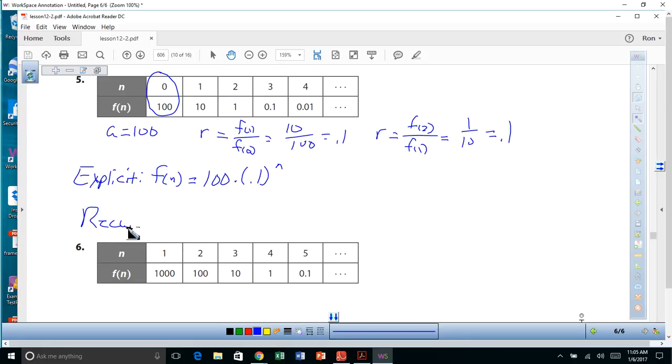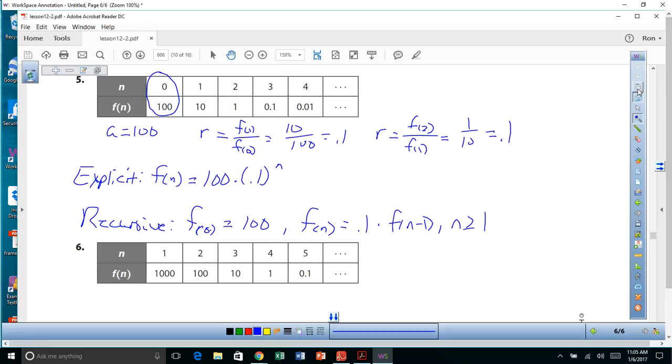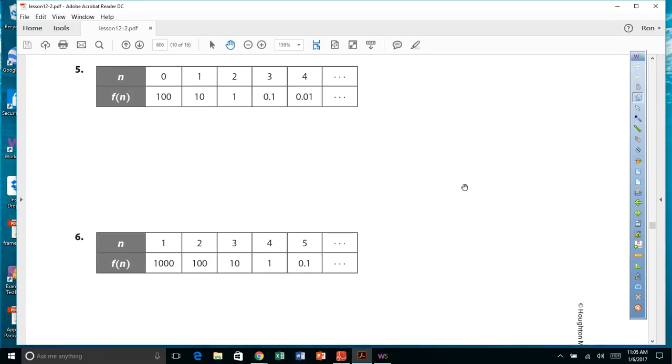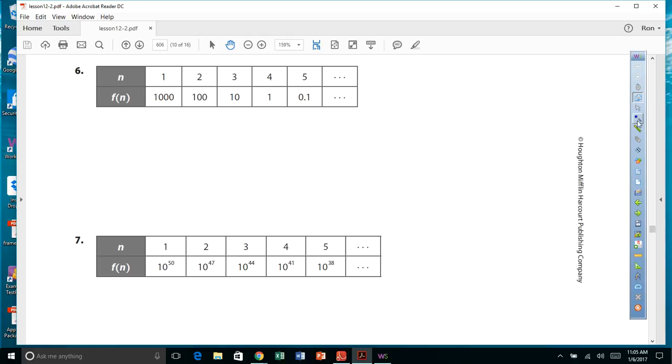The recursive rule would be f of 0 equals 100, f of n equals 0.1 times f of n minus 1, for n is greater than or equal to 1. Well, they get kind of easy, don't they? They're getting easier.